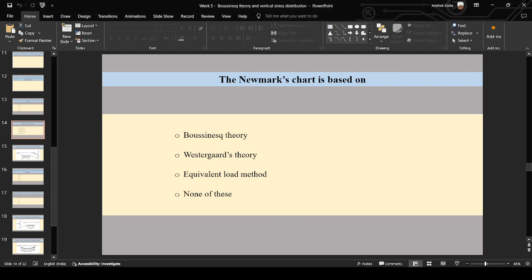This is an MCQ. Very easy question actually. The Newmark chart is based on. Your options are Boussinesq theory, Westergaard's theory, equivalent load method, or none of these.